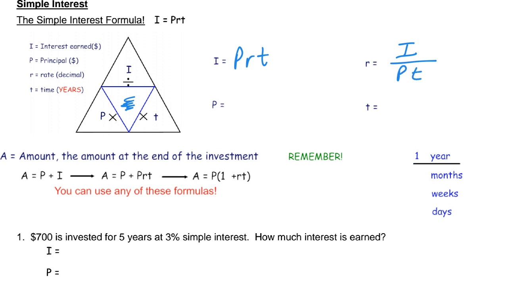So if we were looking for what we call P, the principal, using I as PRT, then we're going to get the following.